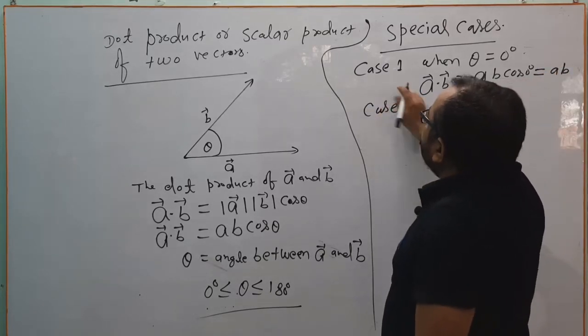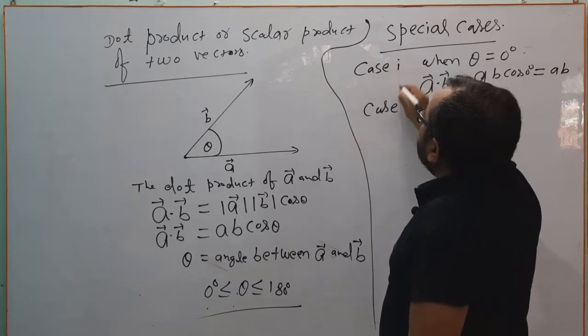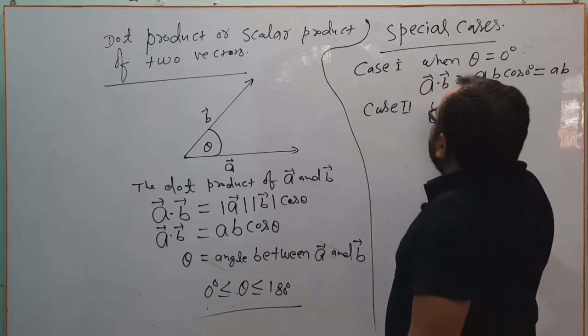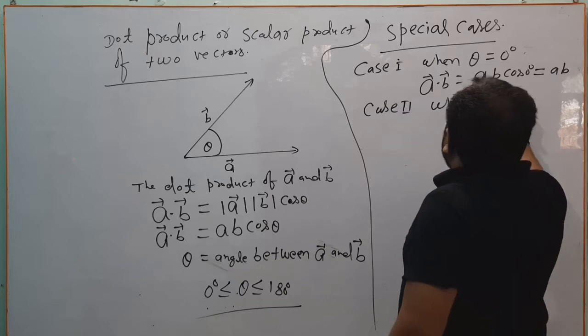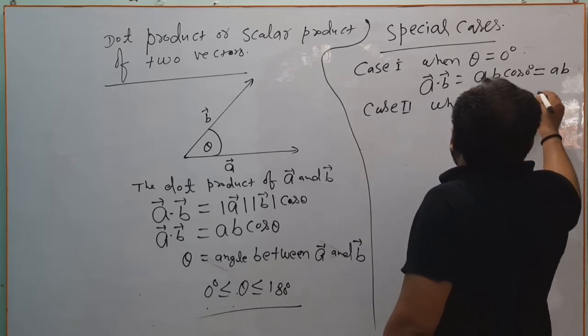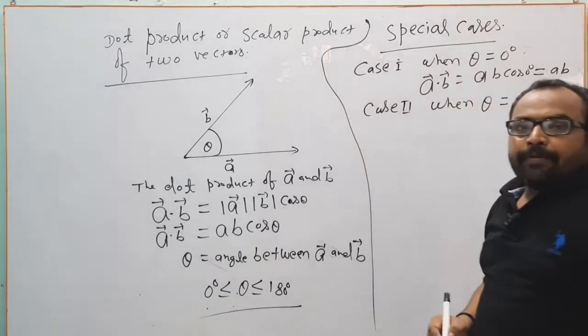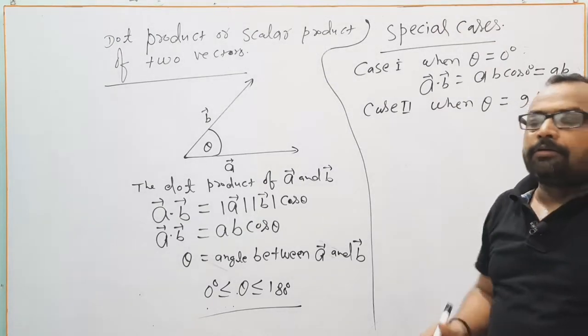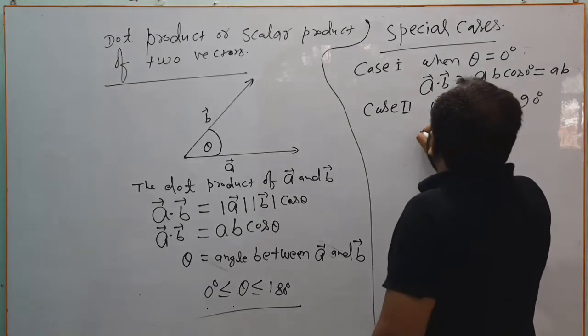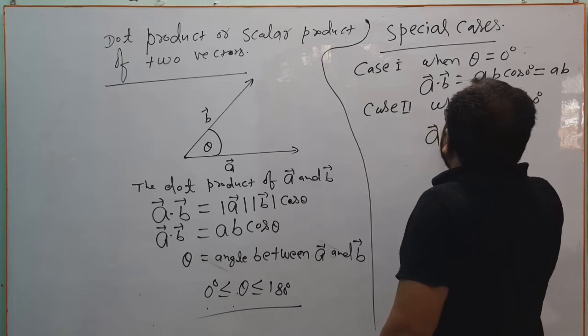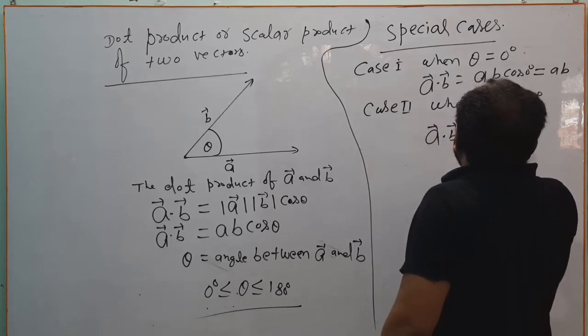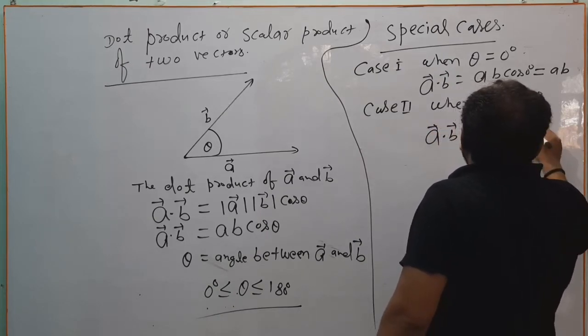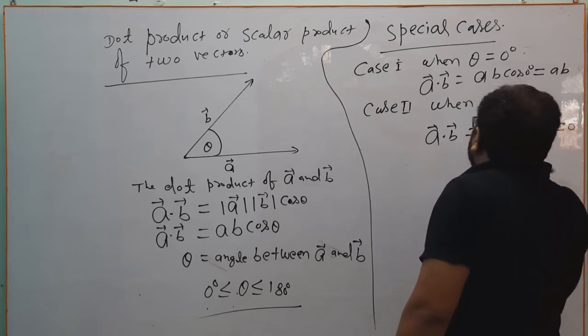Case 2. When theta is equal to 90 degree, it means when two vectors are perpendicular to each other, then A dot B is equal to AB cos 90 degree is equal to 0.